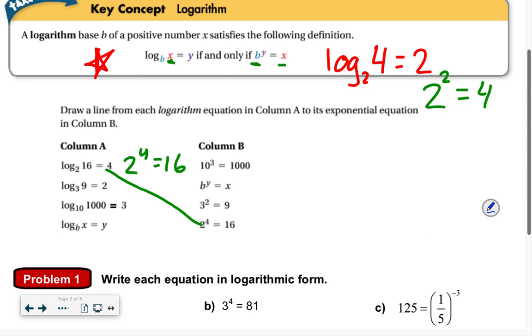How would I rewrite that one? 3 squared equals 9, yeah. So we got that right there. How about log base 10 of 1,000 equals 3? 10 cubed equals 1,000. Good. And our last one is our standard equation.